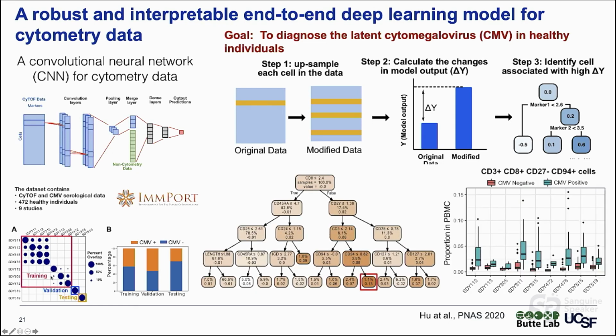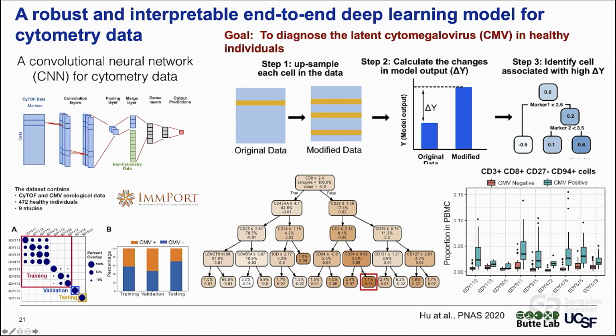So here is the decision tree, which identifies the cells that lead to the largest changes in the model output that I just described here, the delta Y, when it was upsampled. Each node represents a cell subset, and the rules by which this population split are indicated inside the nodes, and the values in each node represent the percent of the subset in the total population of the average change of the model output.